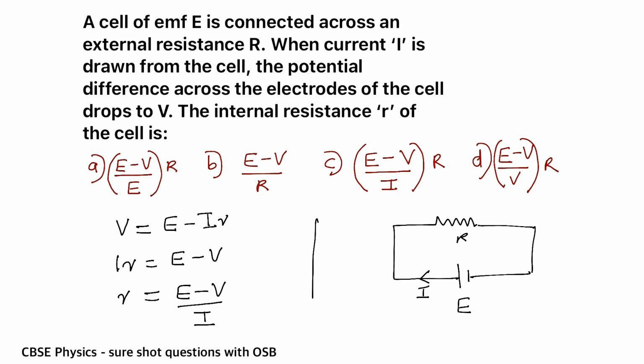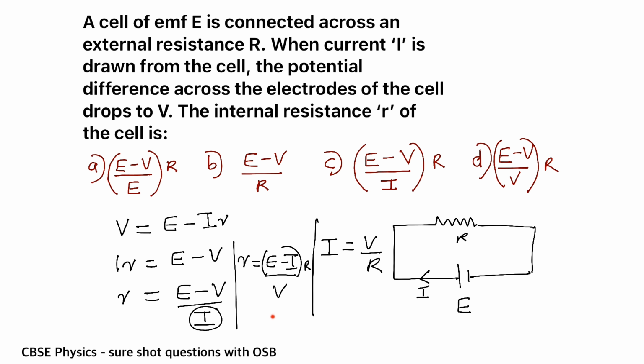So what do we have to do? According to Ohm's law, I is equal to V by R. So substitute that: r is equal to E minus V by, instead of current I, put V by R. Hope all of you understand how this R comes to the numerator.